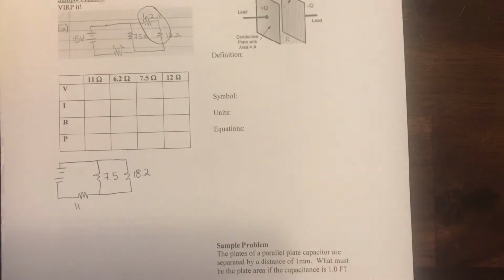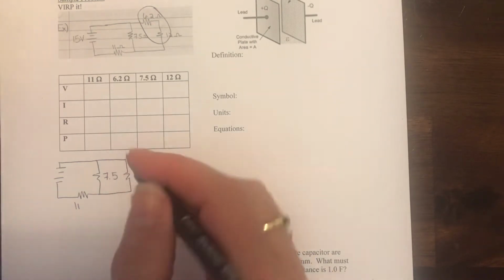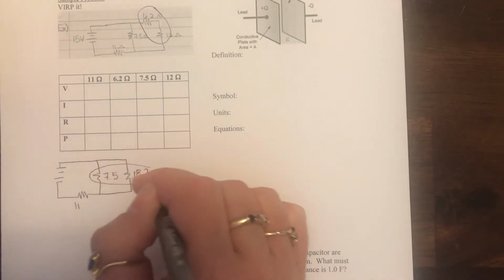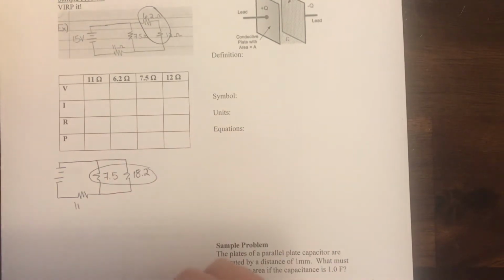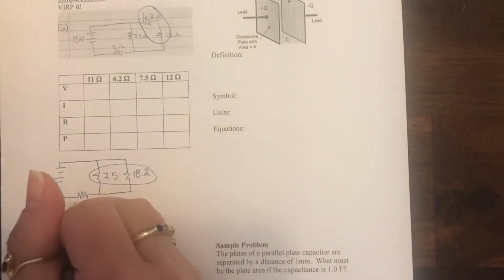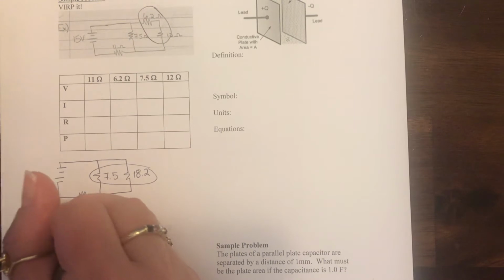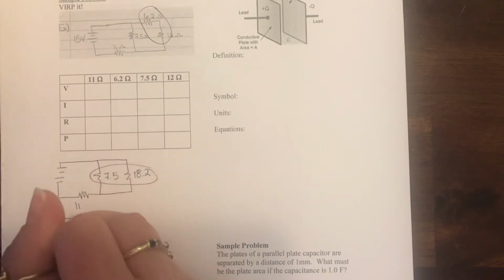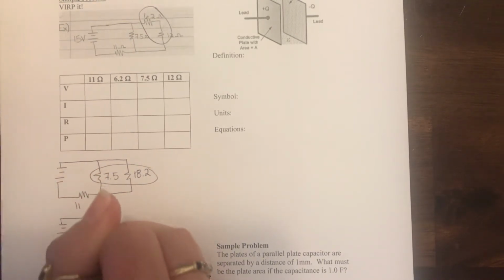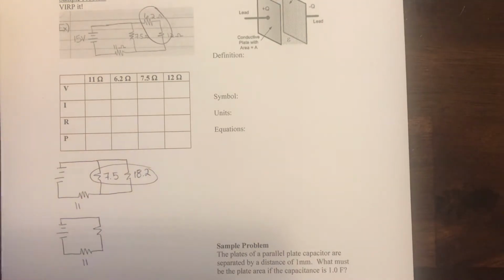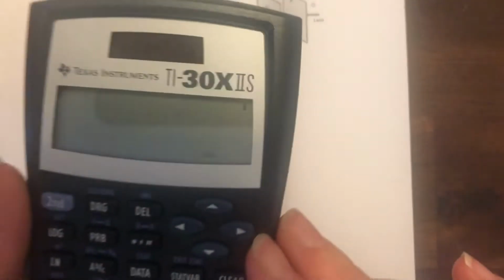All right, the next thing you're saying to yourself is, do I see any resistors that are just in series or just in parallel? Aha. These two are in parallel, okay? I'm gonna jump the gun here and redraw. So this will be the 11, okay? So I've got 2 resistors that are in parallel.